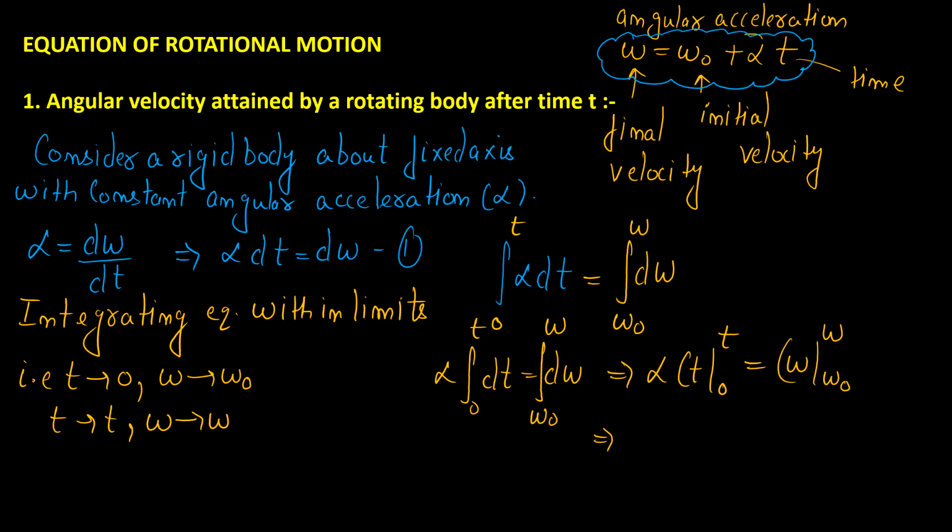Then putting limits, we get alpha t equal to omega minus omega naught. This implies omega equal to omega naught plus alpha t, which is our first equation of rotational motion.